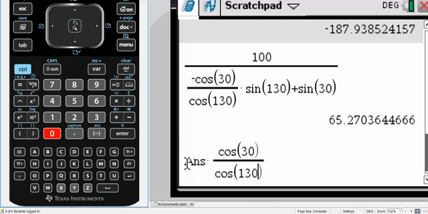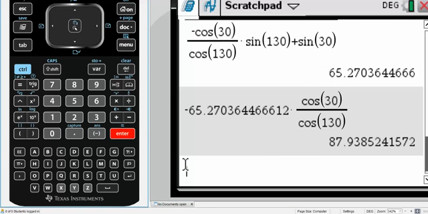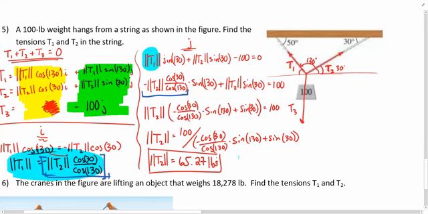And before going much further, I'll make sure to include the negative sign that I forgot the last time. And when we press Control Enter this time, we see a force necessary of 87.94 pounds. So magnitude of T1 is equal to 87.94 pounds.